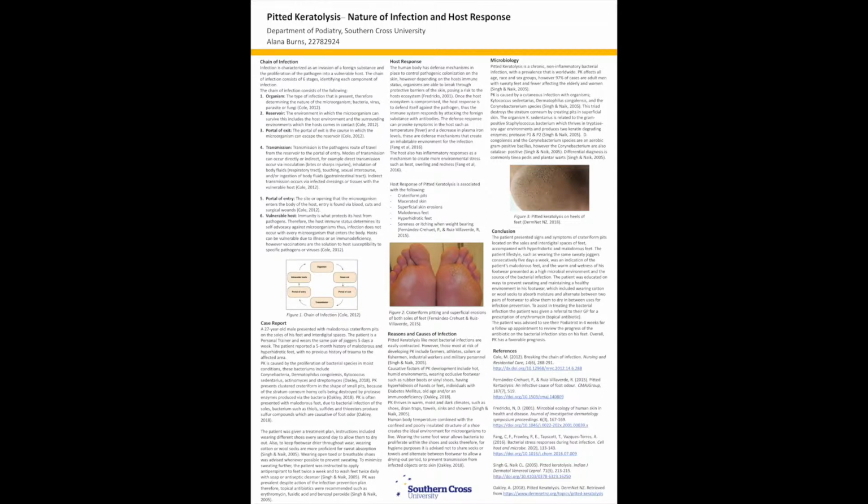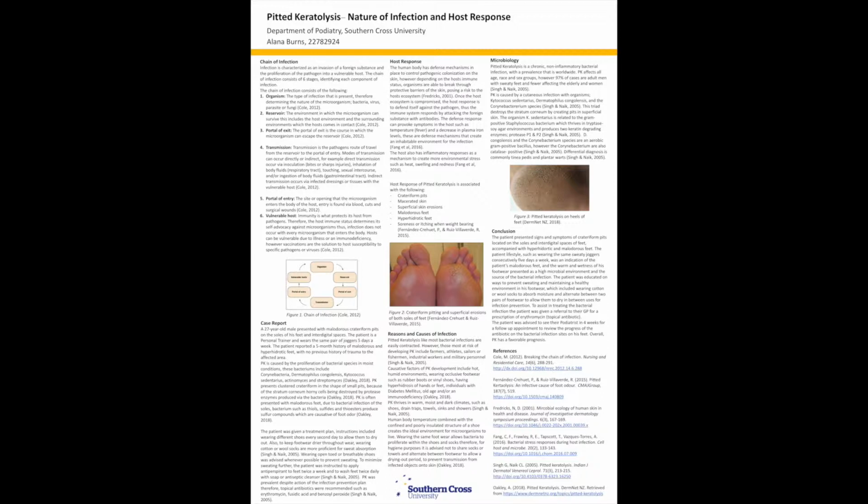Now to identify the reasons and causes of infection. Pitted keratolysis, like most bacterial infections, is easily contracted. However, those most at risk of developing pitted keratolysis include farmers, athletes, sailors or fishermen, industrial workers, and military personnel.